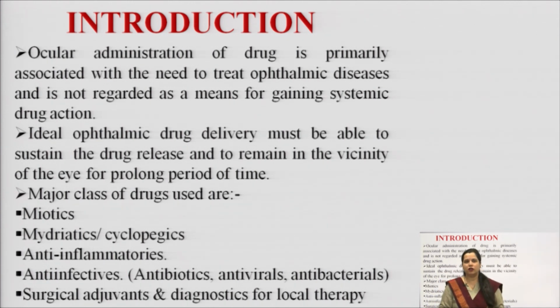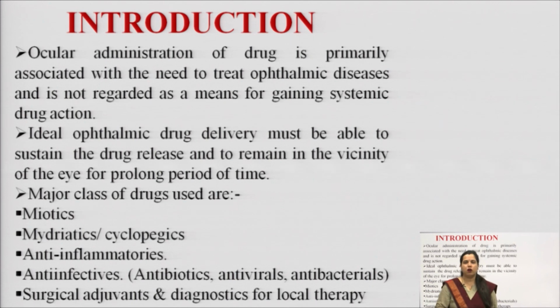Ideal ophthalmic drug delivery must be able to sustain the drug release and to remain in the vicinity of the eye for a prolonged period of time. That means, via ocular drug delivery system we can have a prolonged release profile of drug candidate.